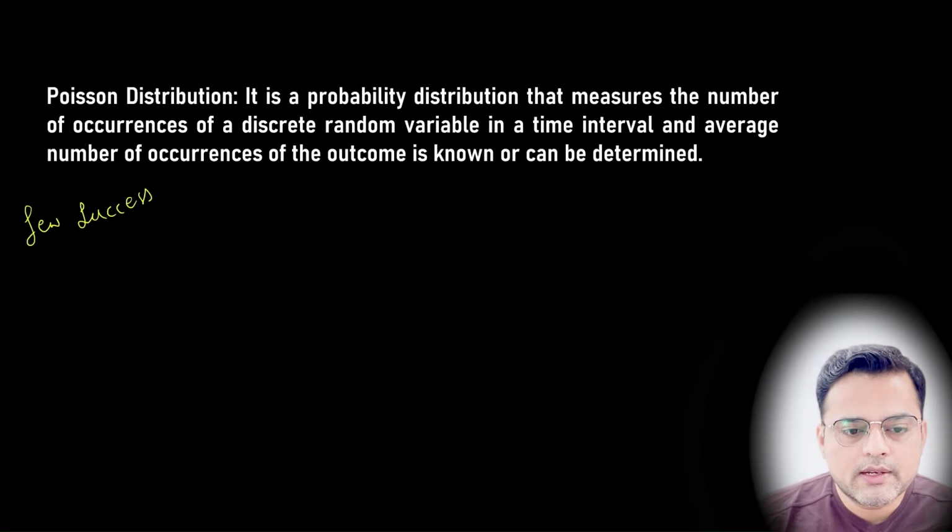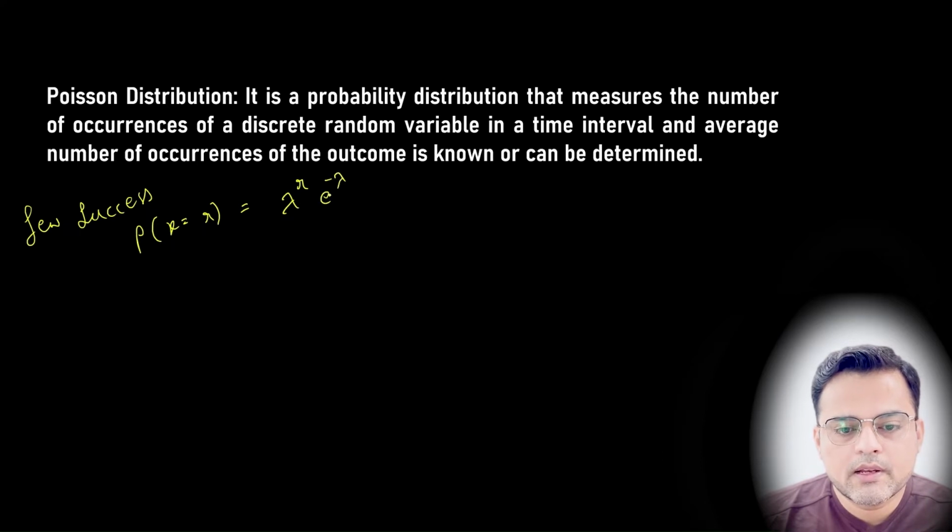Now the Poisson distribution can be given as probability of X equal to r successes equal to lambda to the power r times e to the power minus lambda divided by r factorial.